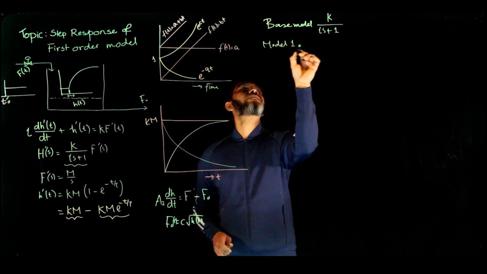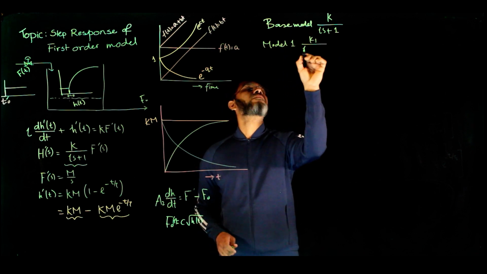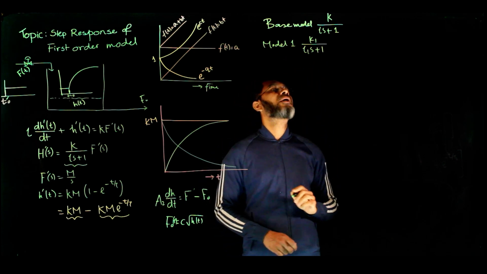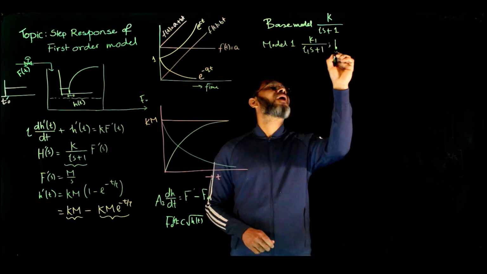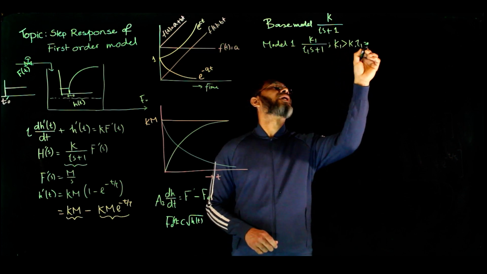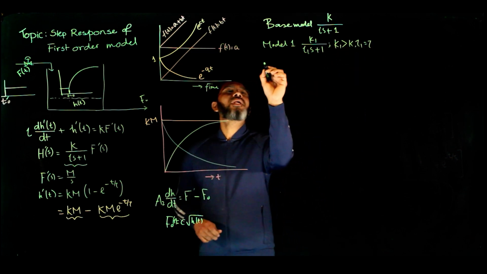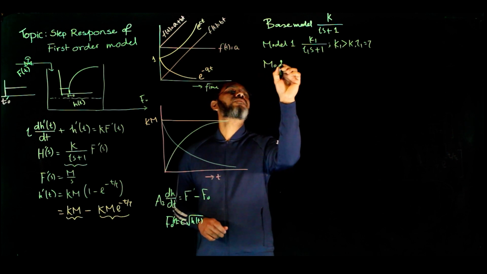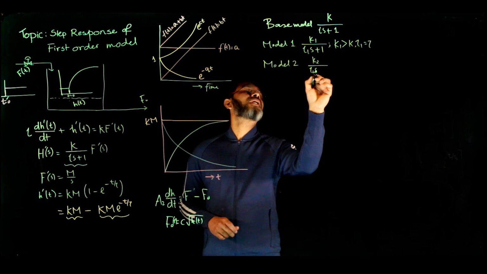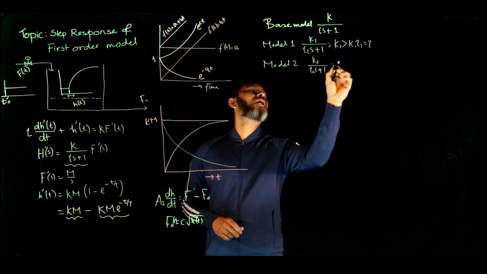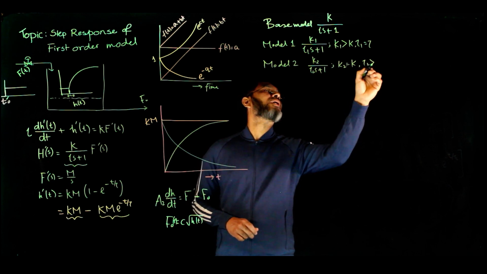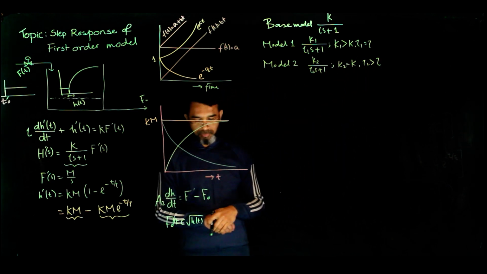Model 1, okay, so here k1 is greater than k and tau 1 equals tau. We'll take model 2, k2 over tau 2 s plus 1, here k2 equals k, but tau 2 is greater than tau.